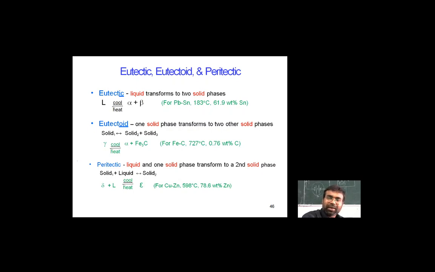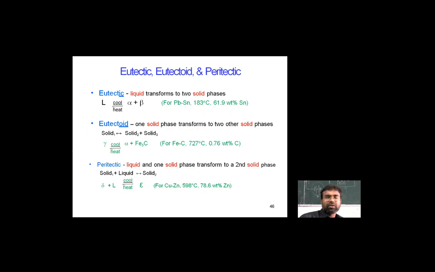They are categorized according to their compositional and temperature changes, that is, how in the eutectoid one solid is transformed into two solids with respect to temperature and composition, the hypo and the hyper. As we talked earlier in the class, the hypoeutectoid provides the pearlite kind of structure.